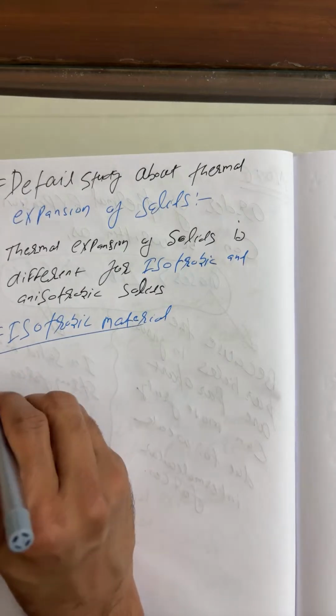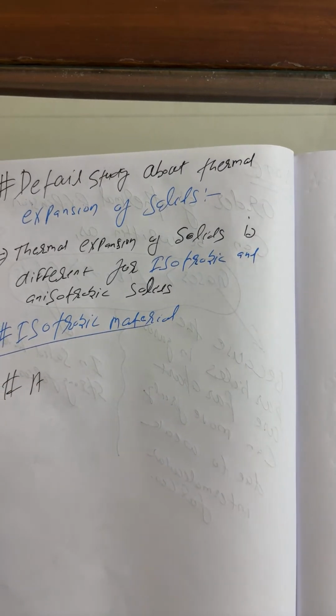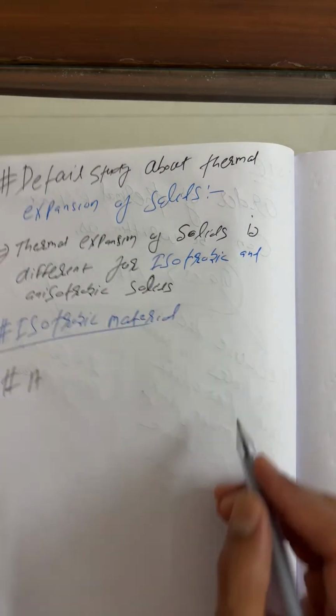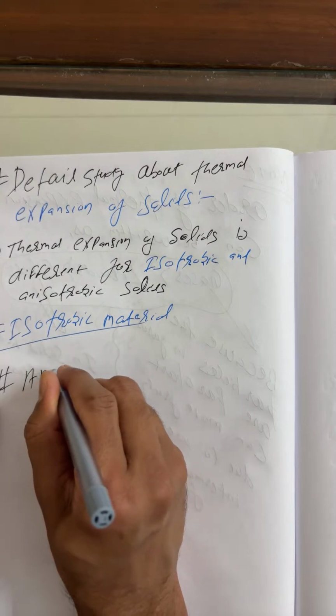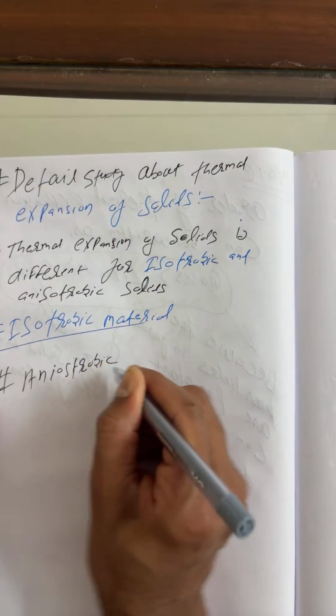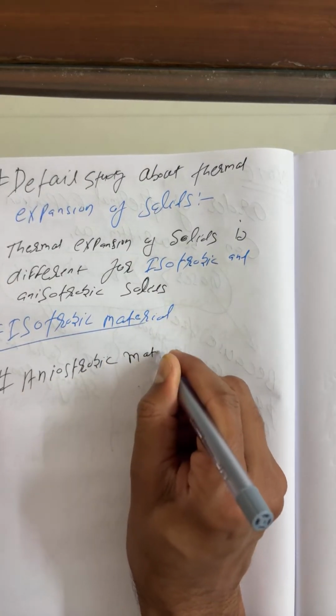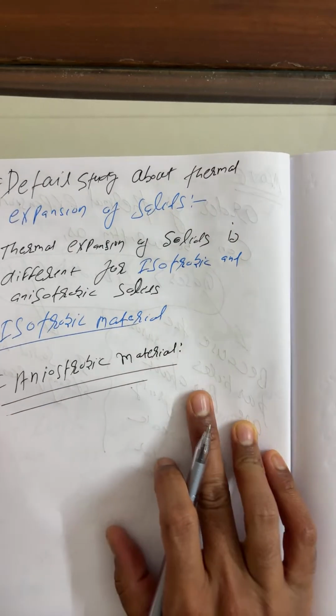Next, anisotropic material. What is anisotropic material?